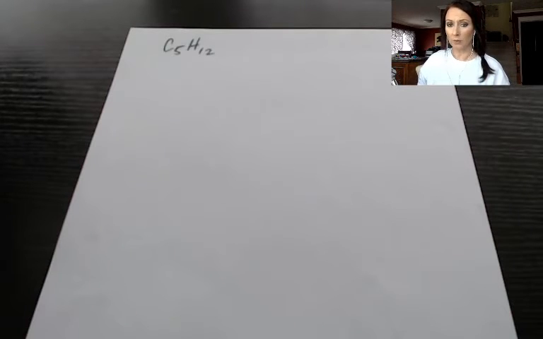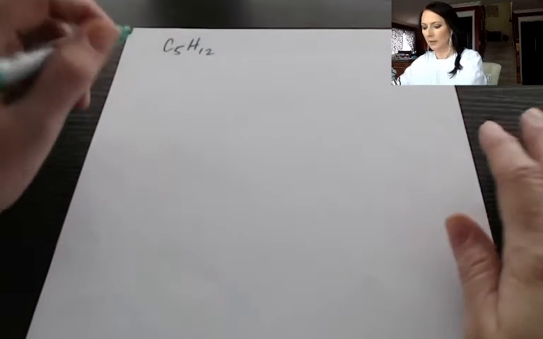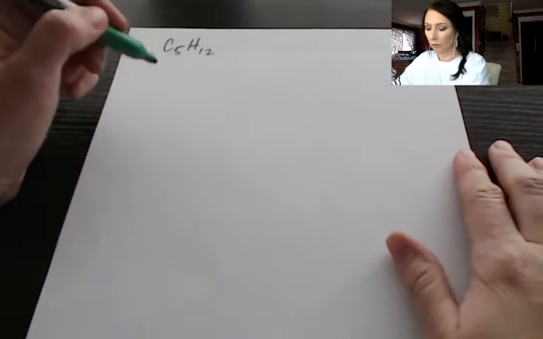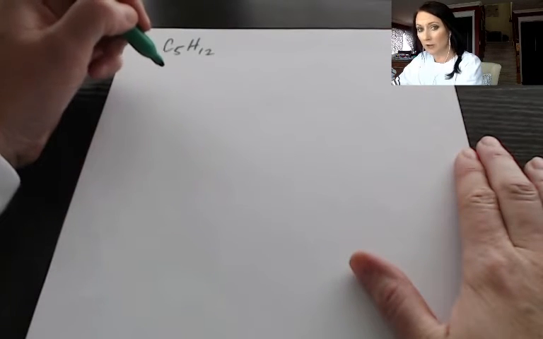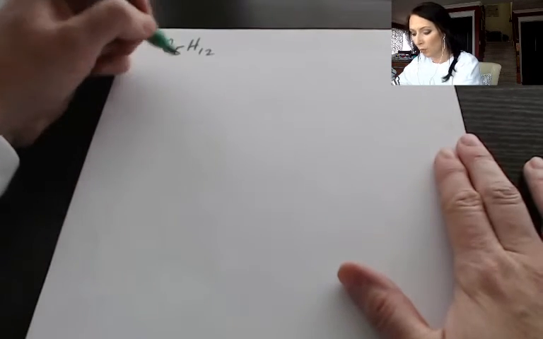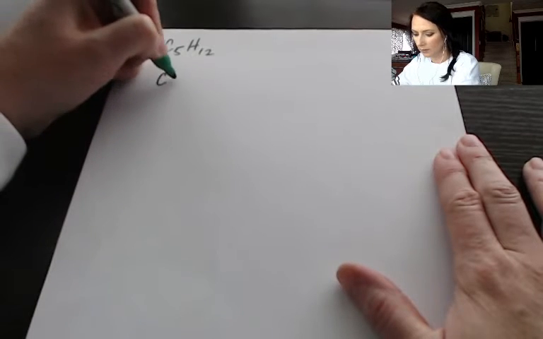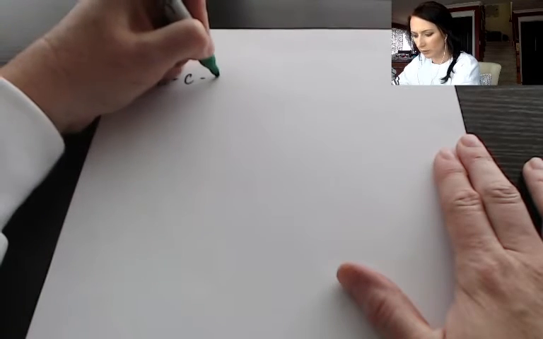A structural formula will tell me what is connected to what, which atoms are connected to which atoms, and what they look like, sort of three-dimensionally, I guess. So a structural formula does a little bit better of a job of showing what atoms are connected to each other.